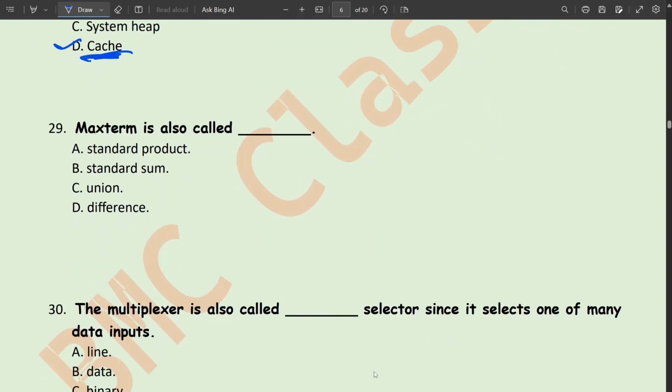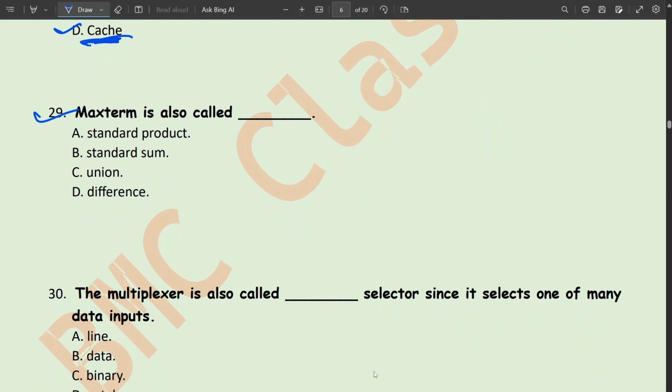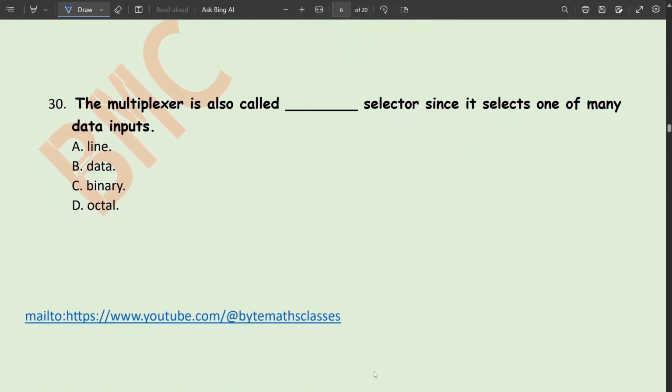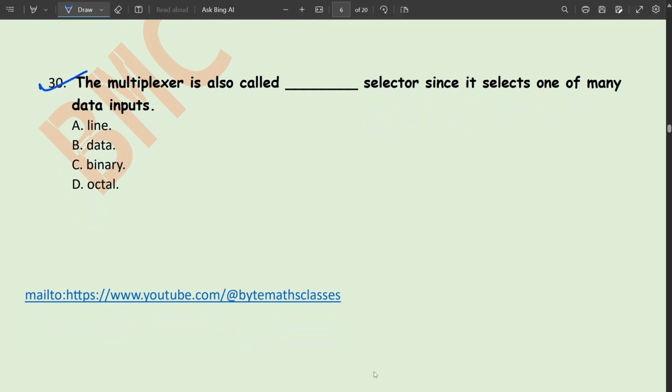Next, max term is also called... Whenever you see max, your answer will be standard sum. Next, the multiplexer is also called a selector since it selects one of many data inputs. The answer will be data.